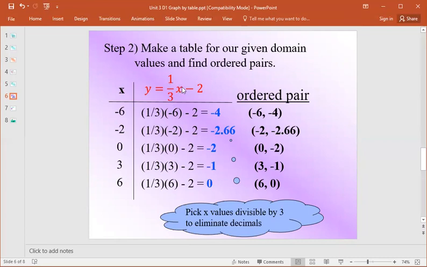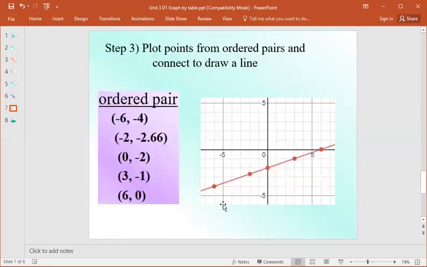So if I choose a number divisible by 3, then I get a whole number. 6 is divisible by 3, we ended up with -4. 3 is divisible by 3, I ended up with -1. So I take those ordered pairs, I come over here and graph, and here is my graph, and you can see that all the points do line up into a nice straight line.